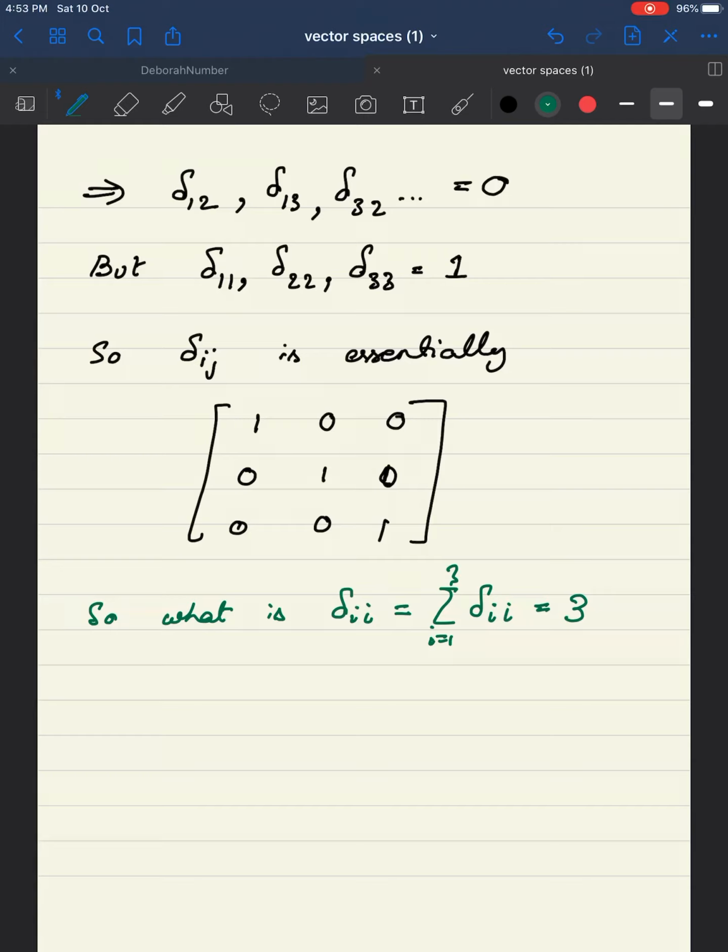Great. You can also show, and I am just leaving it to yourself, it's a very quick exercise, that delta_ij a_j is equal to a_i.